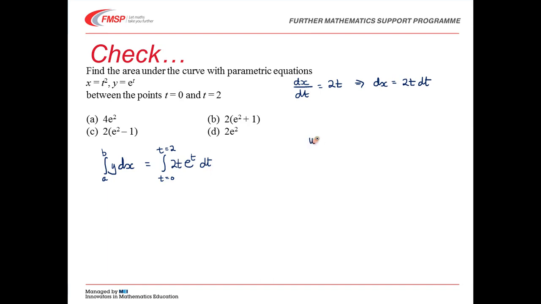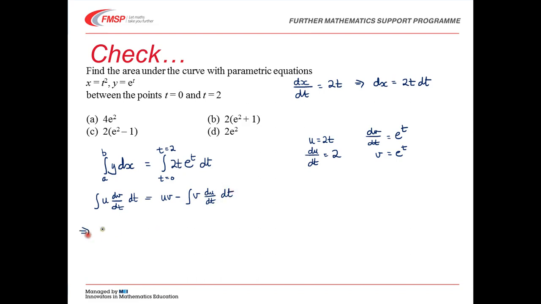So u equals 2t, du by dt equals 2, dv by dt is e to the t, and v is e to the t. So my formula for integration by parts, integration of u dv by dt equals uv minus integral of v du by dt.